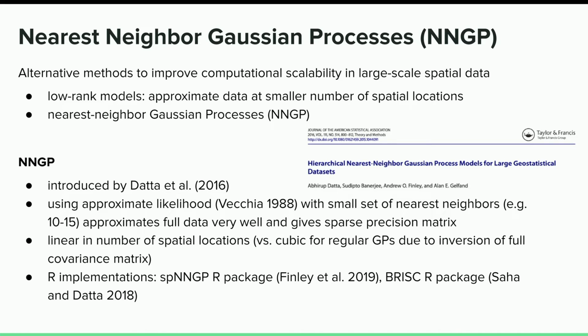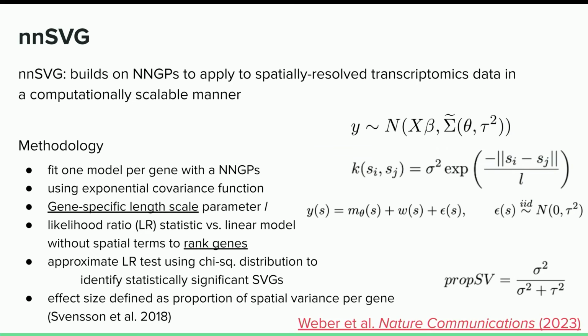So this is the approach we took, and we call it nnSVG. The idea is, again, you fit a model for each individual gene. And the thing I want to highlight here is that we have this parameter l, a gene-specific length parameter that you fit for each individual gene.